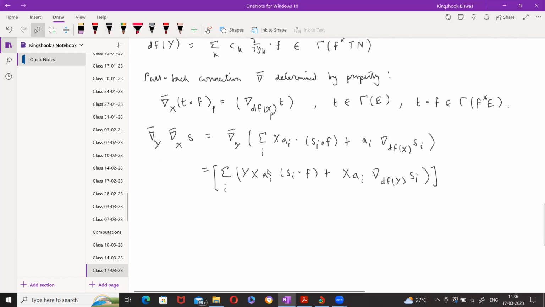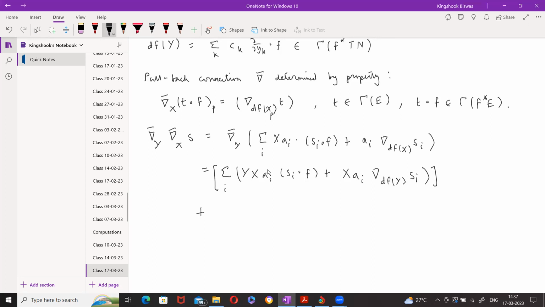Here, this is nabla_{df X} of S_i. This is a section of f star E, so what I want to do is write it as a linear combination of sections of E composed with f. For that, you're right, we will need to break it up with the Christoffel symbols.